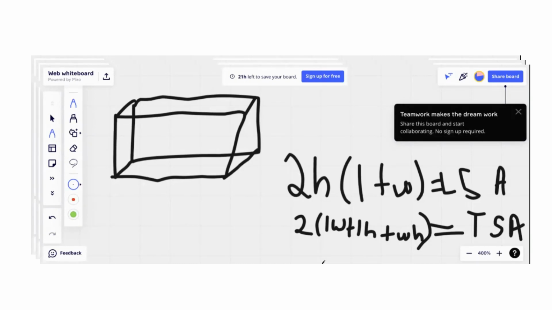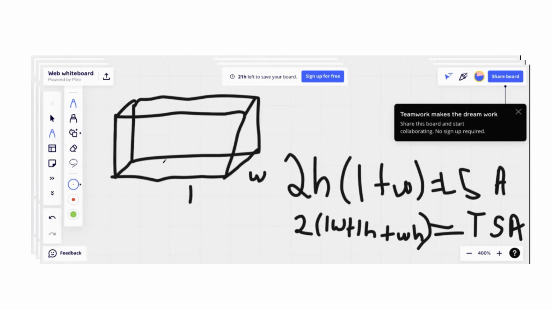I'm going to explain the why behind the TSA, how this formula was formed. If we think about a room, it's kind of like a cuboid. So if this is our length and this is our width, our room is made of a floor and a ceiling, correct?